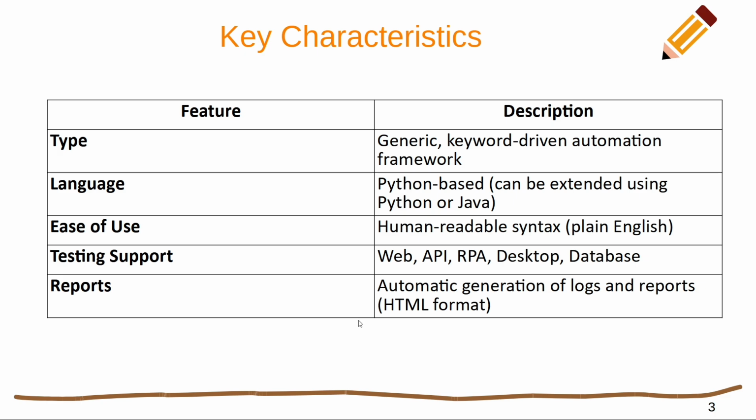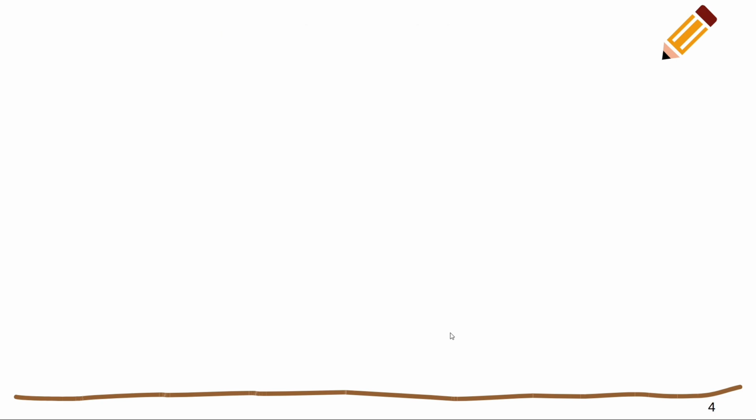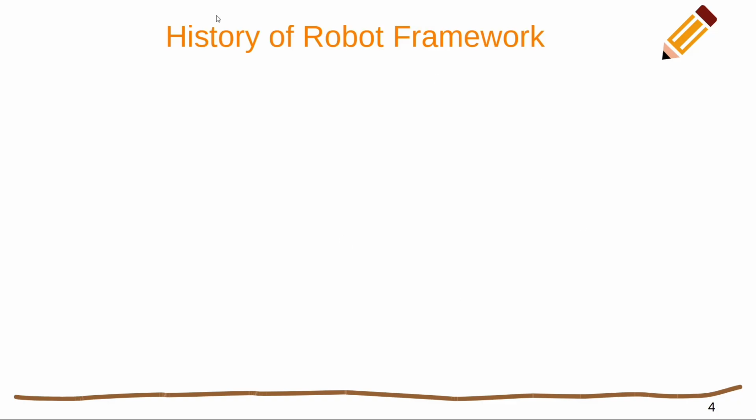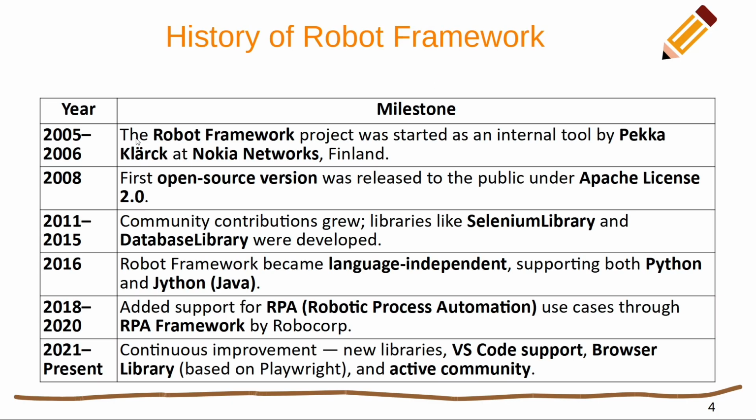Then we go for the history of Robot Framework. In 2005-06, the Robot Framework project was started. It was an internal tool by Pekka Klärck at Nokia Networks in Finland. So development of Robot Framework started in 2005.